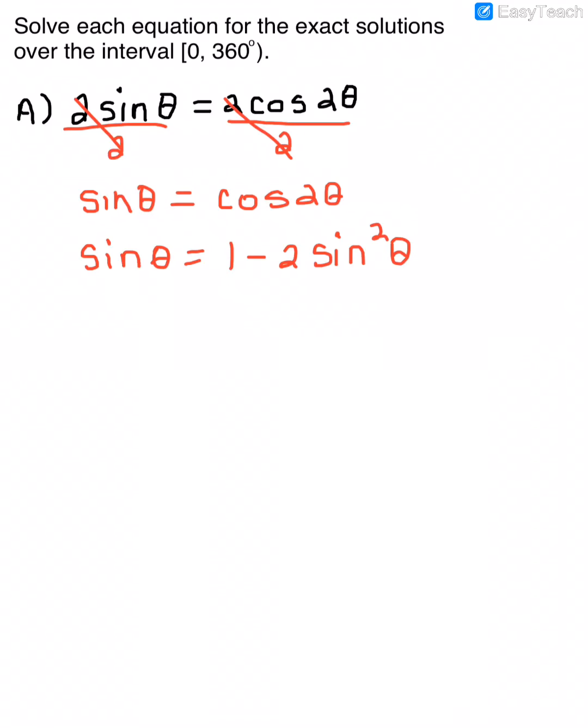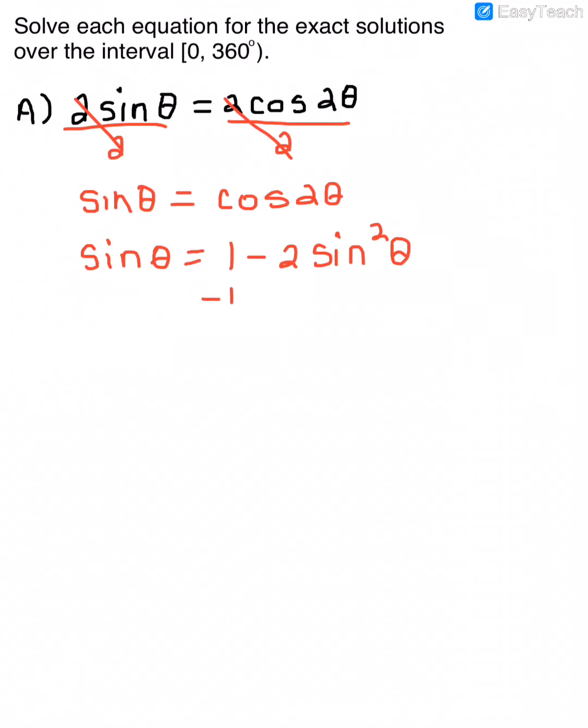Okay, and now I want to move everything over to the same side of the equation because now, as you see, we have a quadratic equation. And remember, if we have a quadratic equation, we're going to either factor or do the square root method. This has 3 terms, so we're going to move everything over to one side so that we can factor.